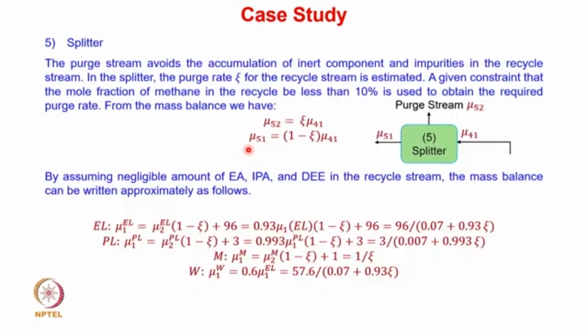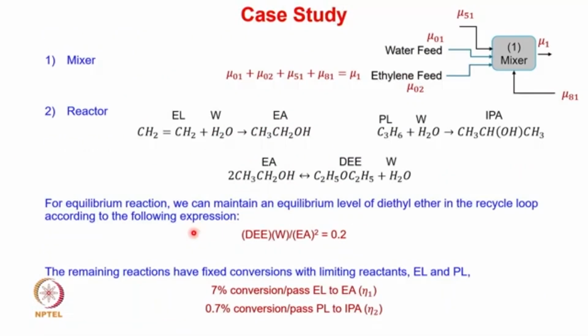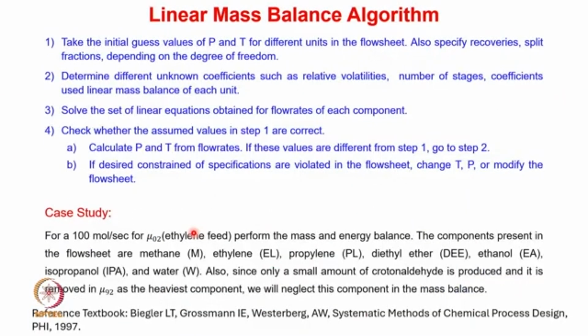So mu1 EL is nothing but the ethylene fed to the reactor. In this particular problem, we have assumed that there are 100 moles we have started with, isn't it? The problem statement says 100 mole per second is the feed.